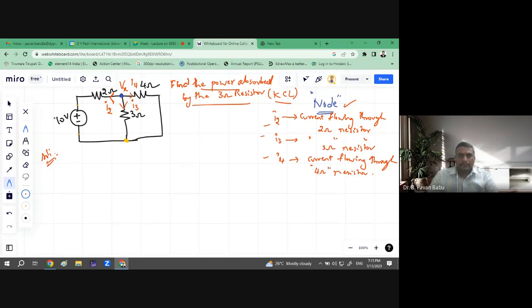Done. So first thing is we need to apply KCL at node X, where we are calling the voltage Vx. You can call it node X or node A, something. I have considered it as X, and the voltage across that node is Vx.